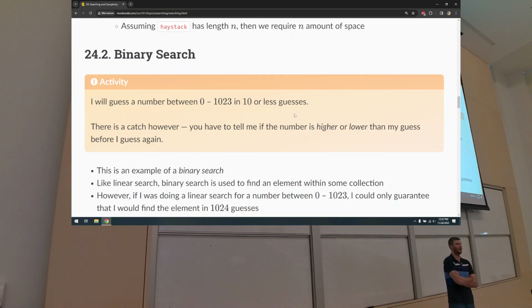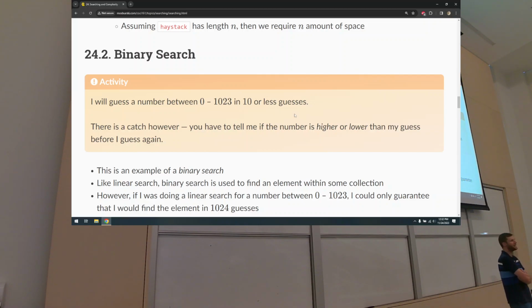But the trick was, it required that the data that I had, it required that I was able to say higher or lower, right? I started by guessing 512. And then if I was wrong, I said higher or lower. Which means that the data had to be sorted.